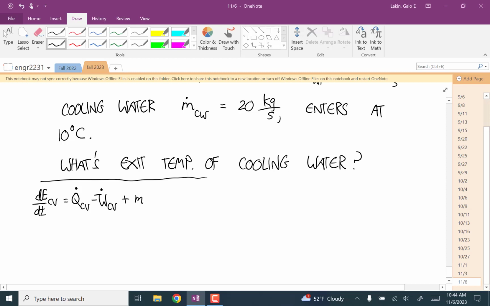Okay, well, it is going to be steady state. So I'm going to treat the mass flow rate at the inlet for the cooling water as just the overall mass flow rate for the cooling water. Same with the working fluid. So just so we don't have a million subscripts. So first we have m dot for the working fluid. Hold on.